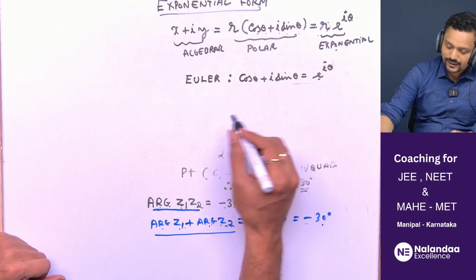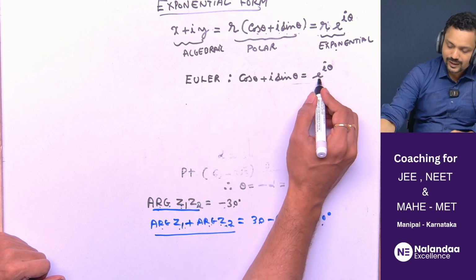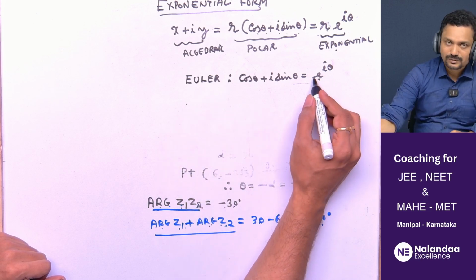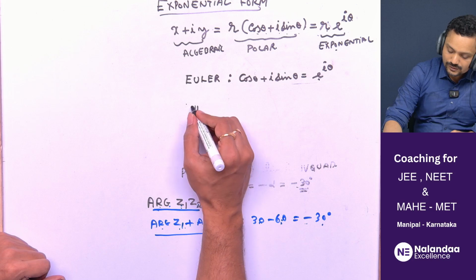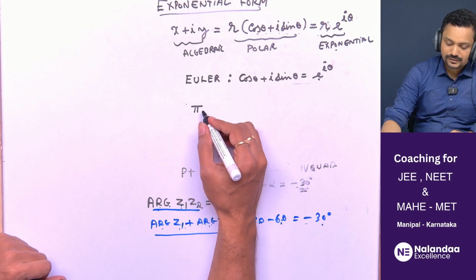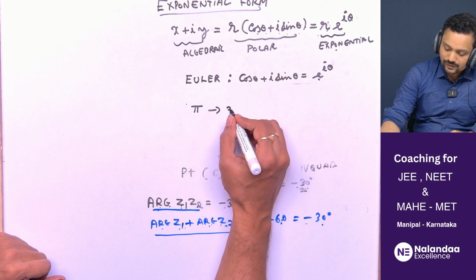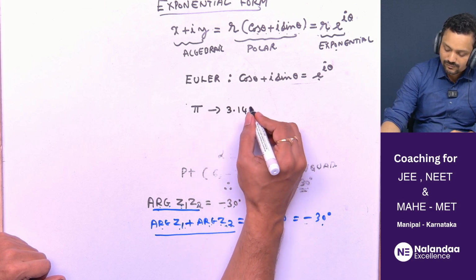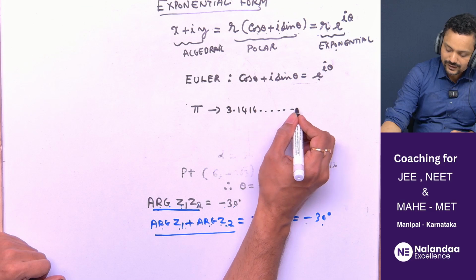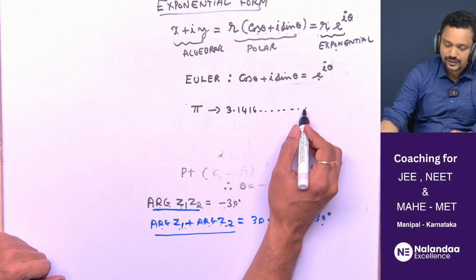I'll not spend much time speaking about e. Now all of you know that there is a very famous irrational number called pi. Its value is approximately 3.1416, and it is a non-terminating, non-recurring decimal.